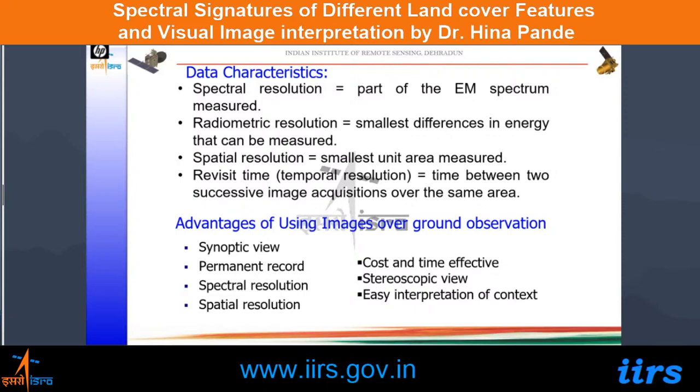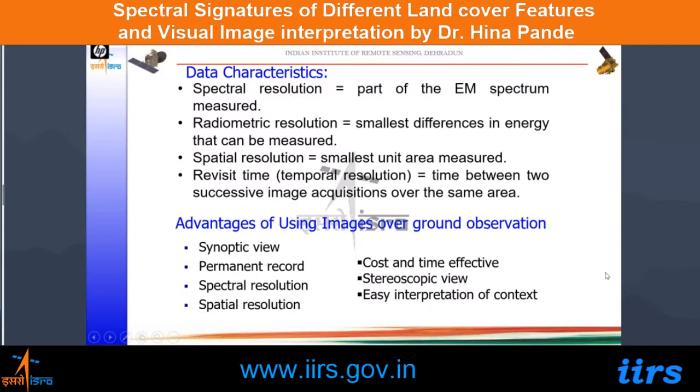Images also provide data at different levels of detail, that is, different spatial resolutions. They also give us a stereoscopic view: if I use stereoscopic data, I can generate elevation models and see things in 3 dimensions. And in the long run, it comes out to be more cost and time effective.